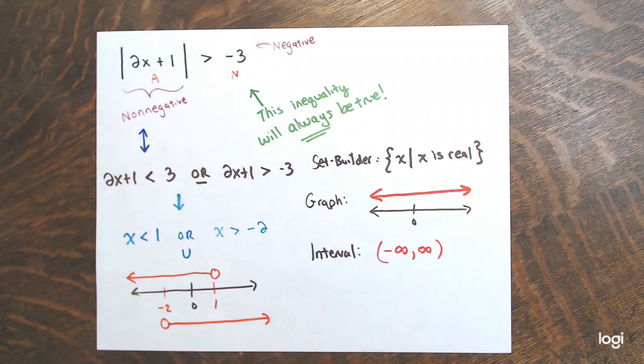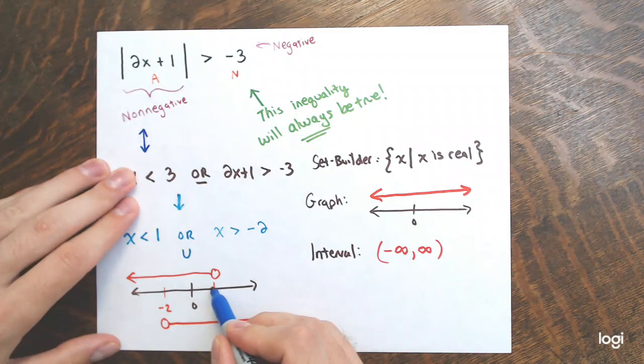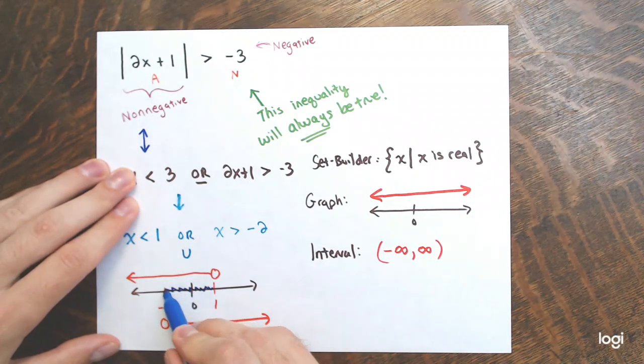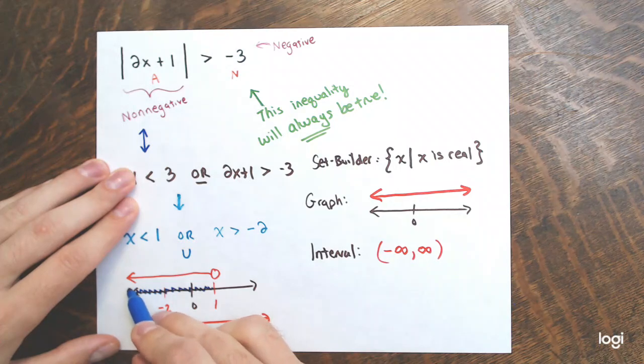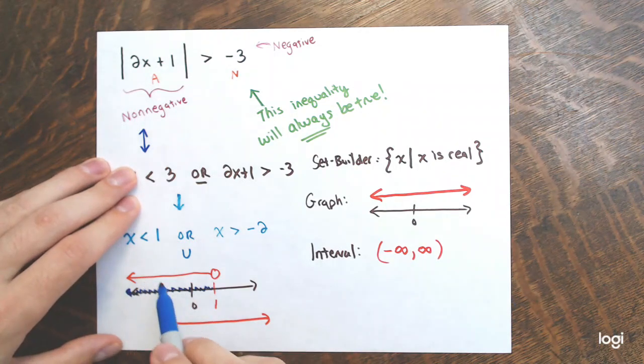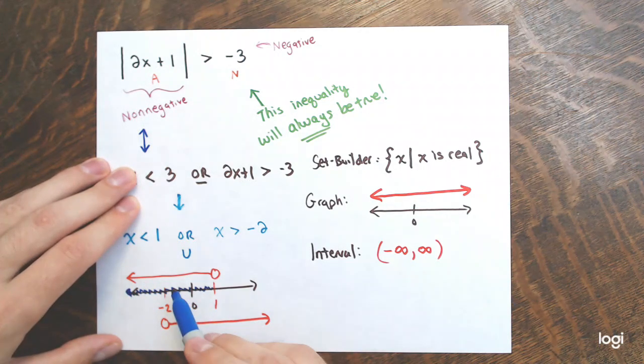Now, if you take the union of these two sets, remember, the union is every number in one set belongs, or every number in the other set belongs, or any number in both also belongs. So all of these numbers to the left of 1 belong to the union because they're in the first set. And all of these numbers to the right of negative 2 belong.